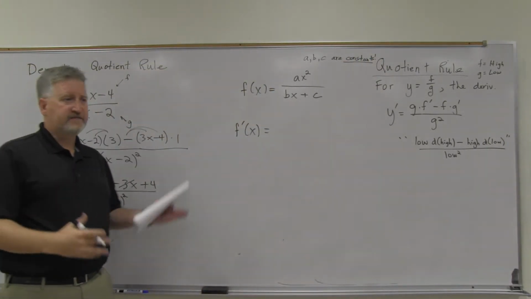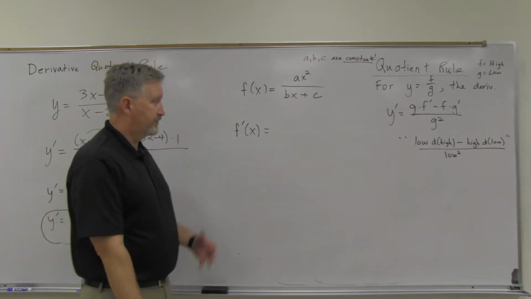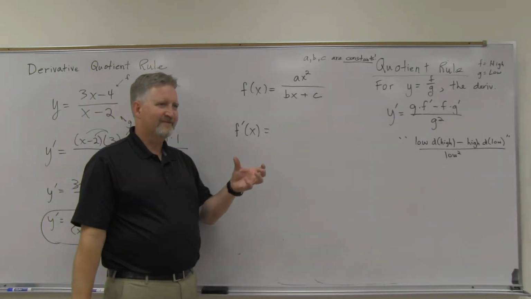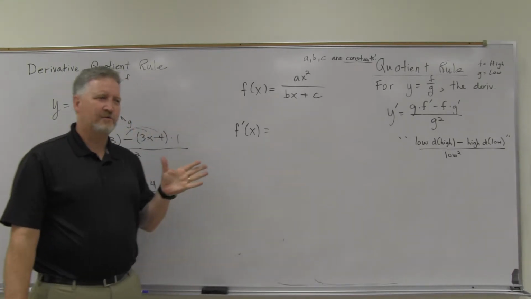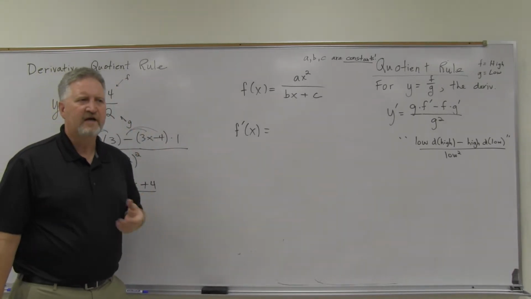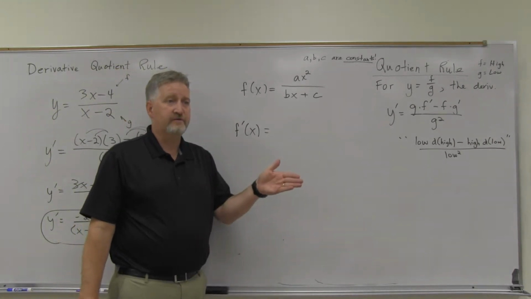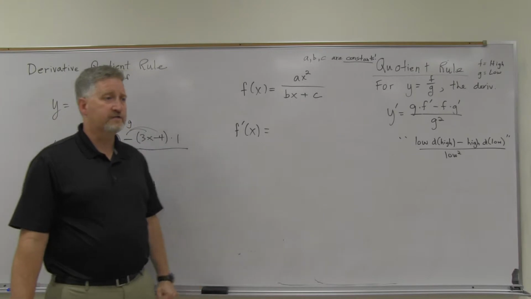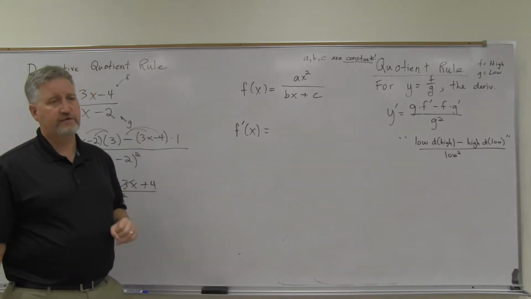So if you see a, b, c, d, maybe throw d or e in there, the first letters of the alphabet, generally speaking, those will be your constants. Kind of like the quadratic formula, a, b, c. Those are constants in your quadratic equation. Same idea.